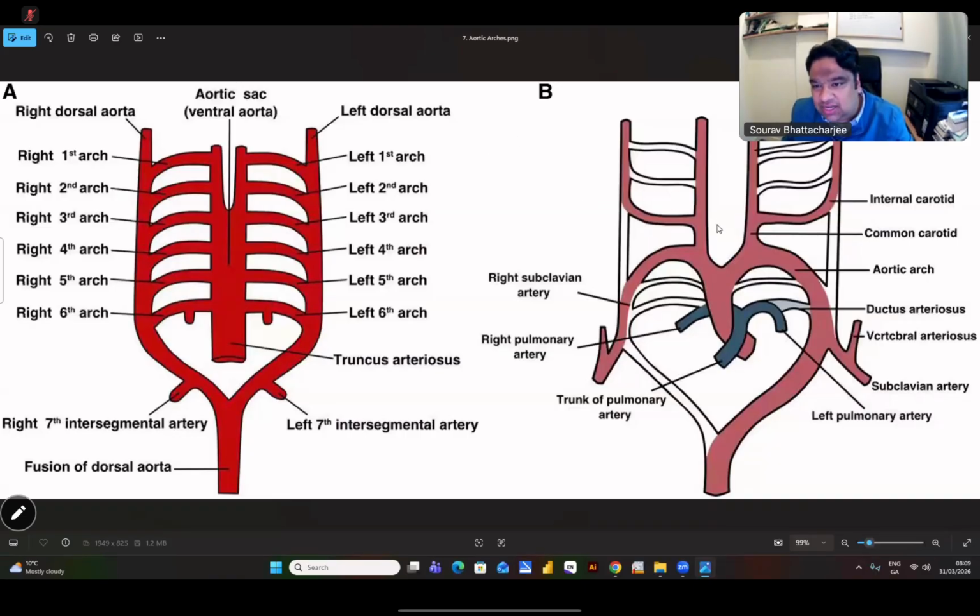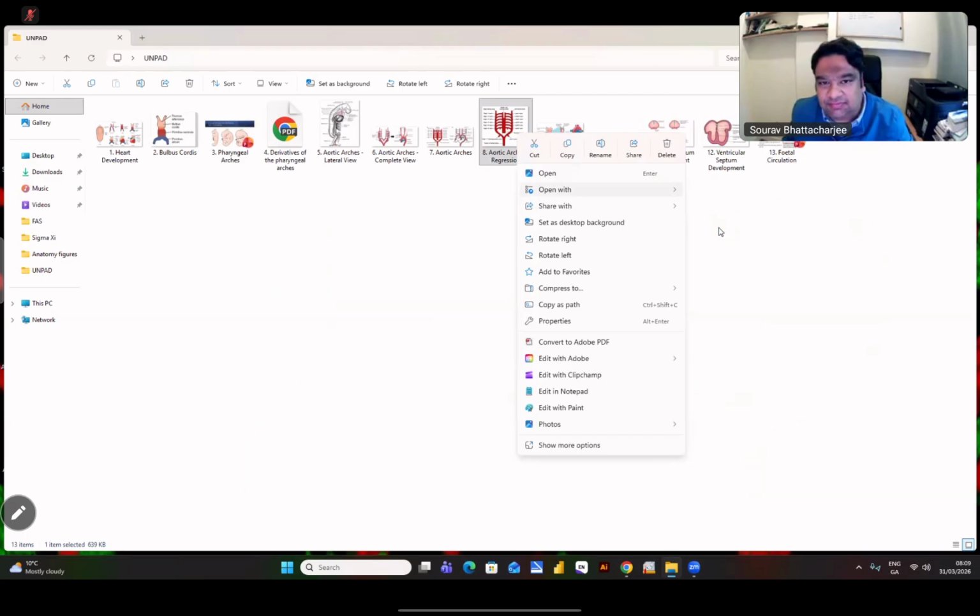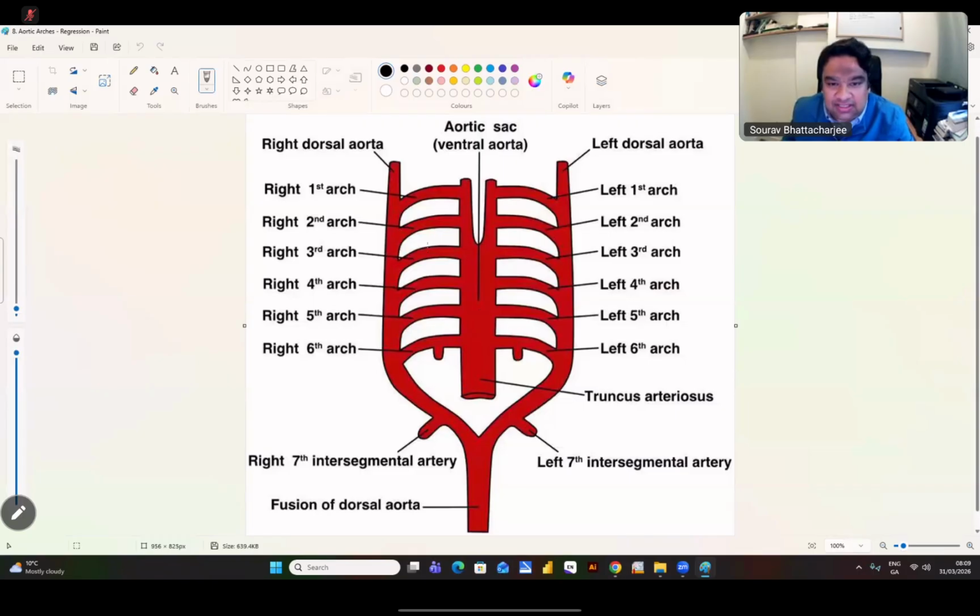What I will be doing is opening this figure. This is the figure, and we want to know how it ended up there. If this is the original design, I'll start my eraser. The first and the second aortic arch, both on right and left, will simply disappear.